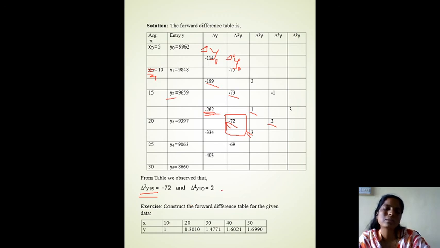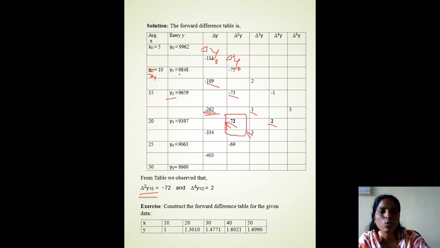Now what is delta raised to 4 y10? y suffix 10 means y at x equal to 10, and x equal to 10 is x equal to 1. So that gives you y1, and we have to find delta raised to 4.